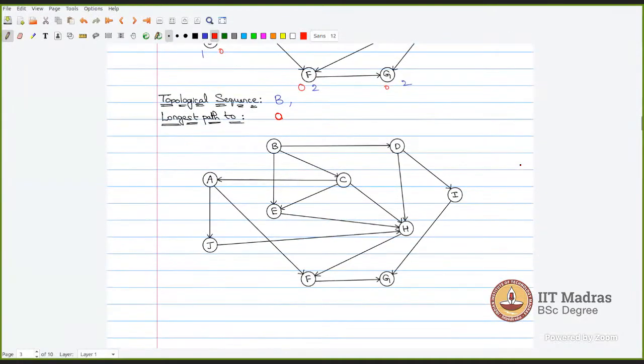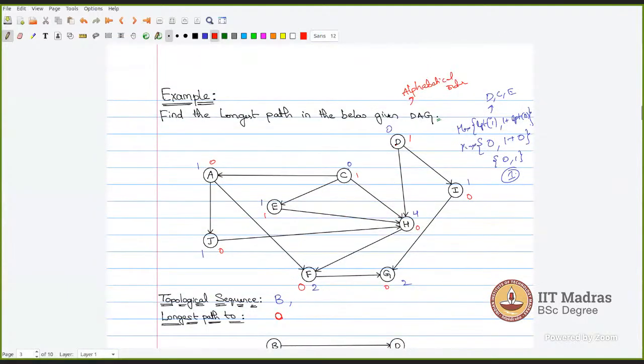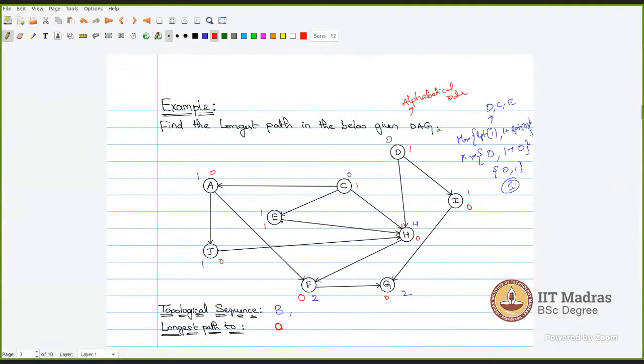See, once we remove B, we have to update the in-degrees and the longest path to of the vertices which are adjacent to B. Now E, C, D are adjacent to B, so we have to update the in-degrees, that means the blue number as well as the red number of E, C, D. That is what we did. We updated the in-degrees as well as the longest path to of vertices C, D, and E.